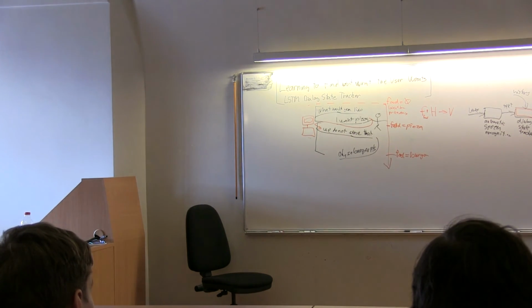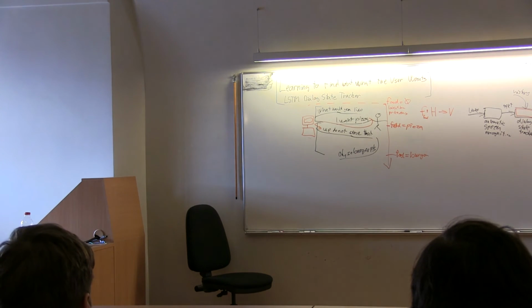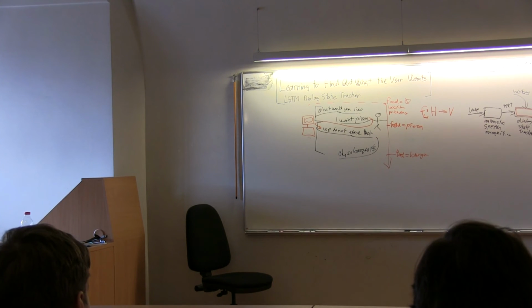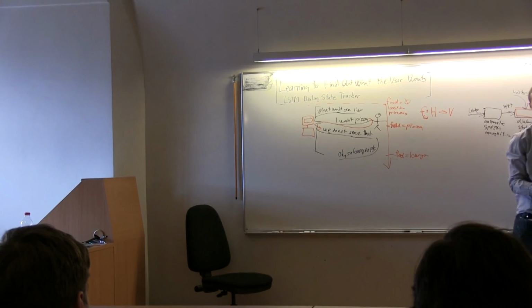So a part of the parameters are the word embeddings, and the word "want" is just a vector of, currently I use 50 dimensions, and I learn these parameters along with the rest of the parameters of the network.